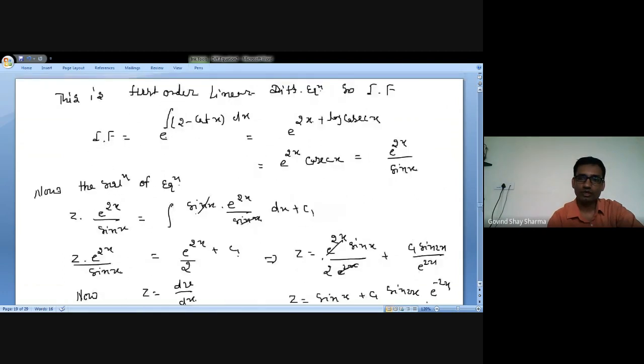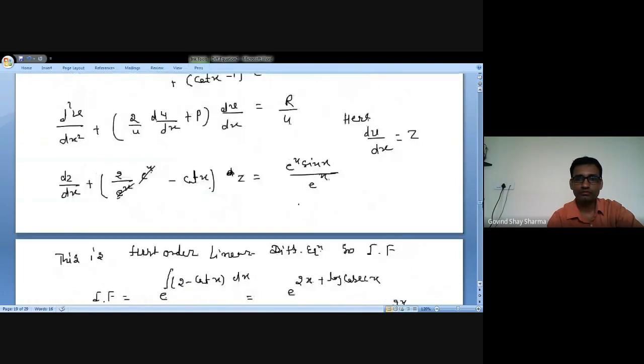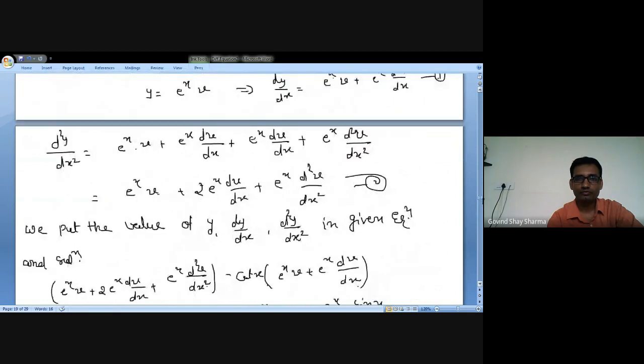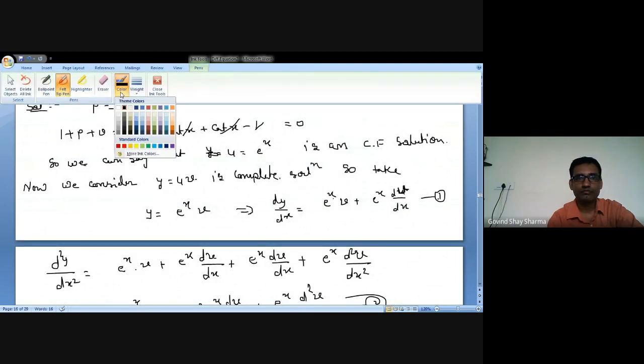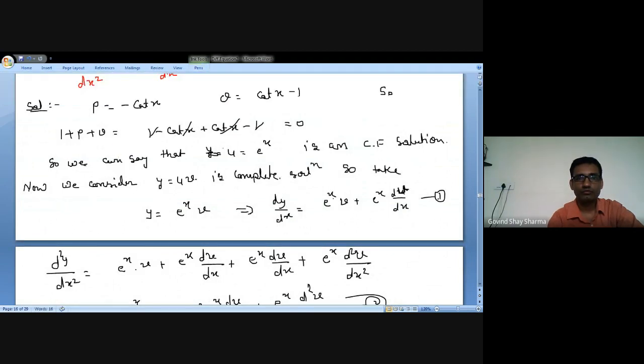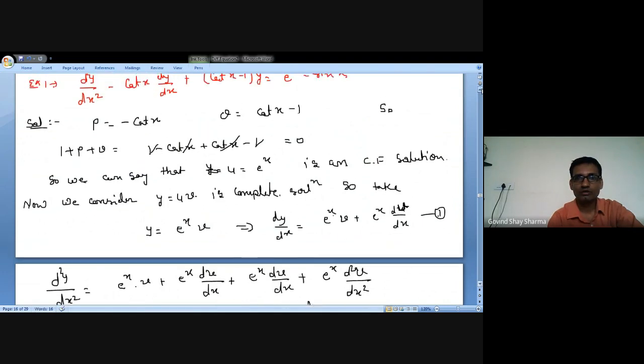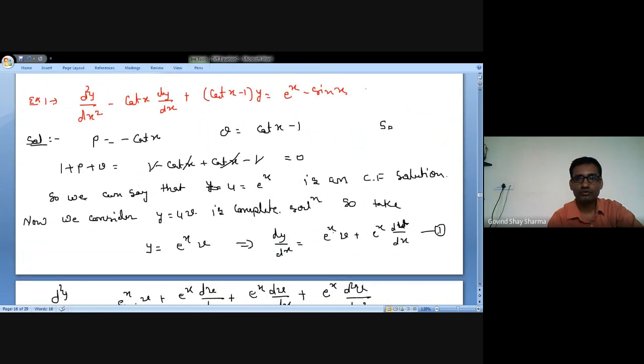Let me explain that again, students. Let this be our question. We have to solve this. P is equal to minus cot x and Q is equal to cot x minus 1.